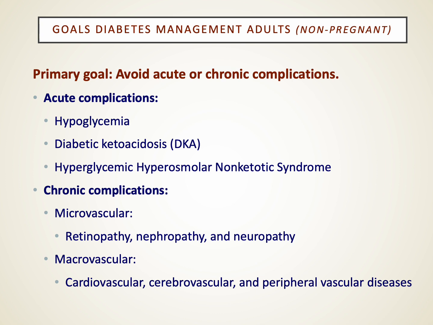But in addition to avoiding the acute problems in folks with diabetes, we want to manage and help prevent the macro and the microvascular complications, the retinopathy, neuropathies, and nephropathy, also cardiovascular, cerebrovascular, and peripheral vascular diseases. So all of these go hand in hand, which is really part of what makes diabetes complicated.